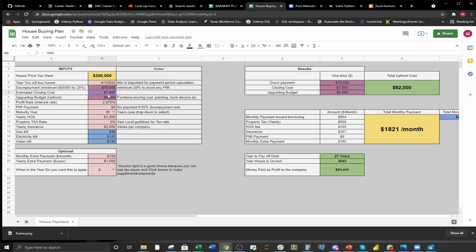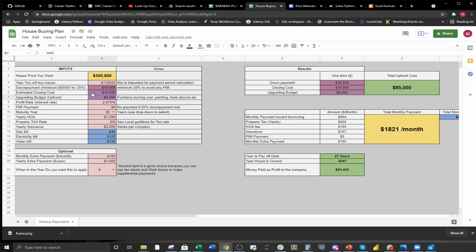So that also adds to that closing cost. So estimated, for $300,000, maybe you're looking at $7,000 to $10,000, depending on the situation. You can get a better sense of this number as you get closer to the buying process. But for the rough estimate, just leave it at 10,000.